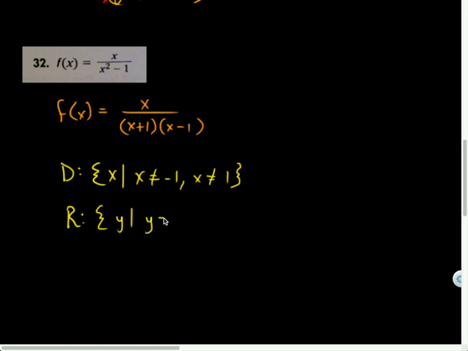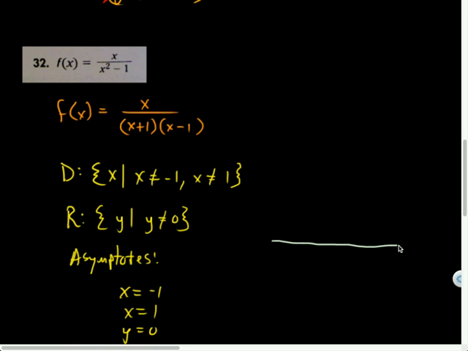So y cannot equal 0. So in terms of asymptotes, this is asymptotic at x equals -1, which is a vertical line, x equals +1, which is a vertical line, and y equals 0, which is a horizontal line.